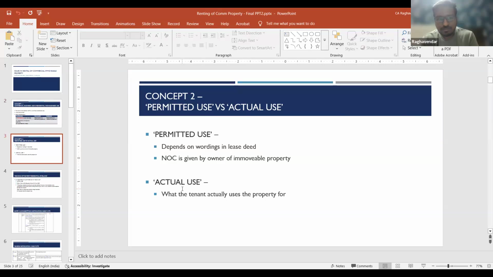Even if the document mentions it to be a residential property, if an NOC is given by the owner for GST registration purposes, it could still be treated as a commercial property. This is one way of understanding whether a property is residential or commercial.